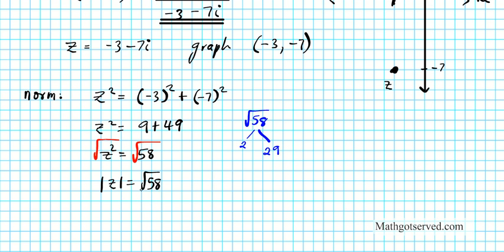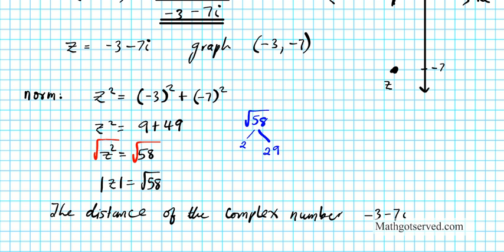So what does this basically mean? This means that the distance of the complex number negative 3 minus 7i from the origin is root 58.